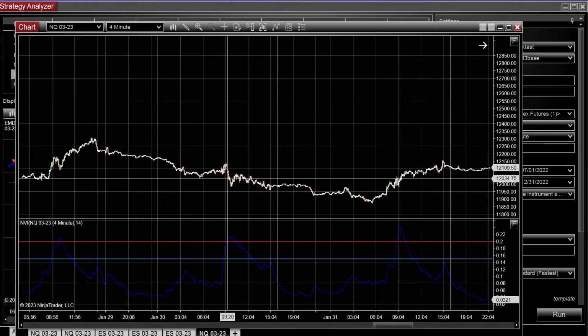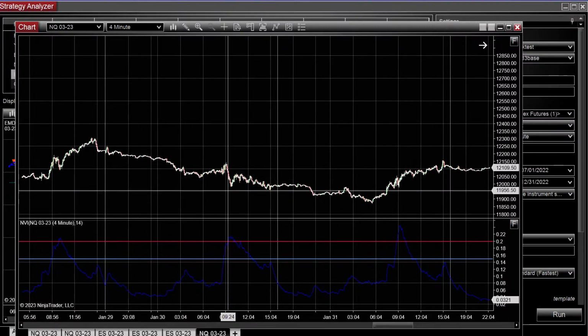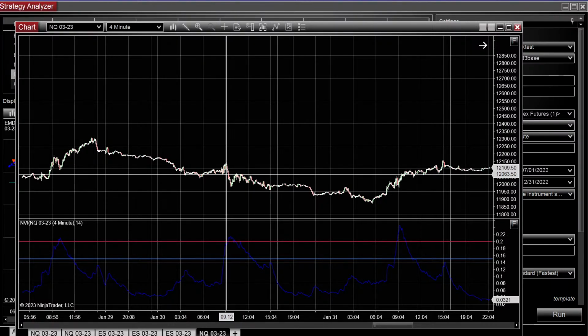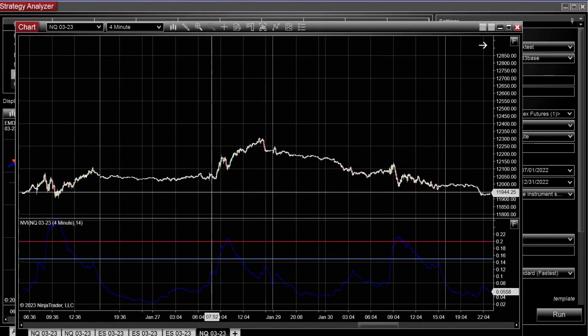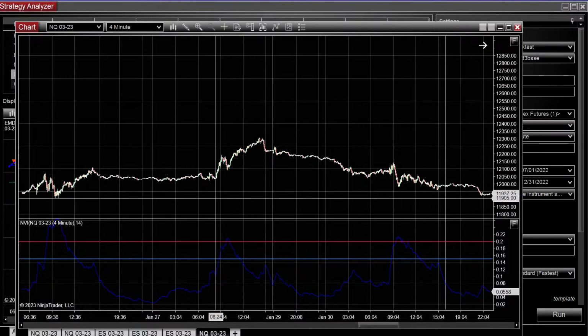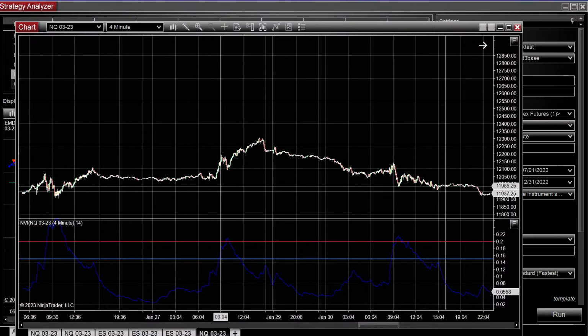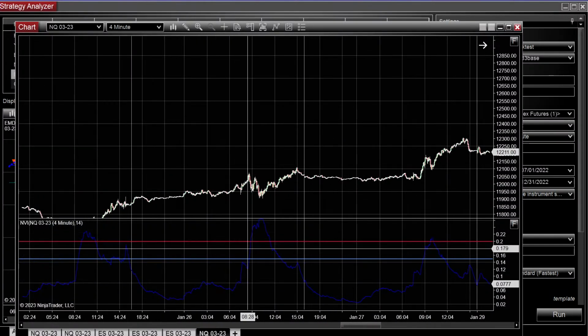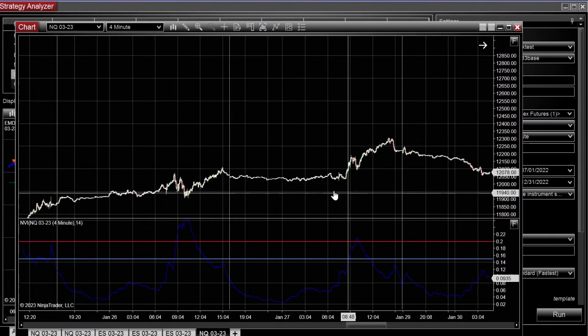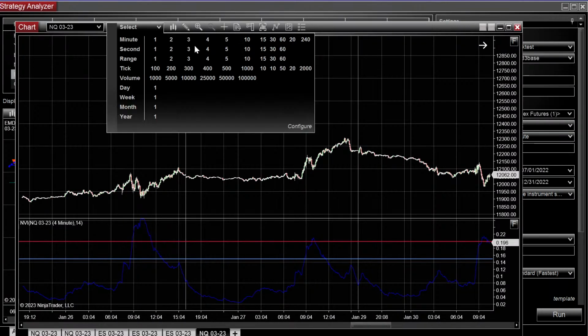By the time we hit 9, we were above the upper threshold. Right here, we got 8:30 to 9. We can also look at this on higher time frames.